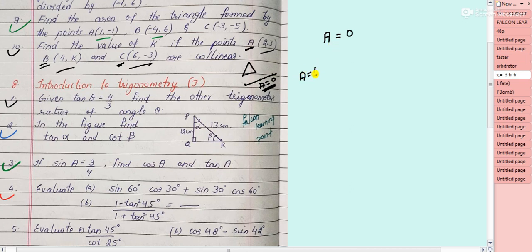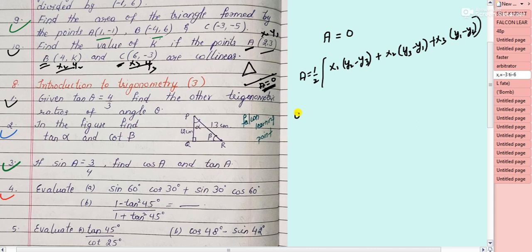A is equal to again half into x1 into (y2 minus y3) plus x2 into (y3 minus y1) plus x3 into (y1 minus y2). So substitute, I will take this as x1 y1, x2 y2, x3 y3.